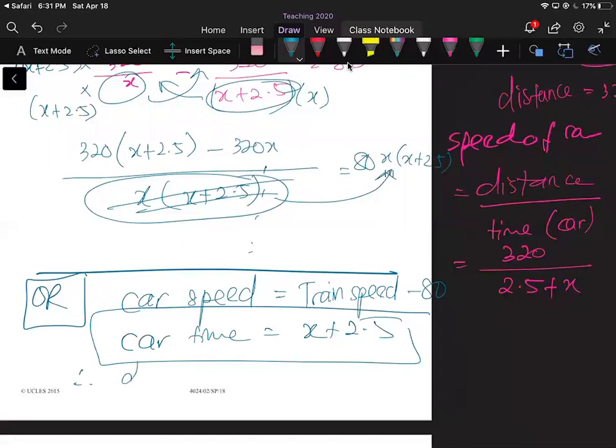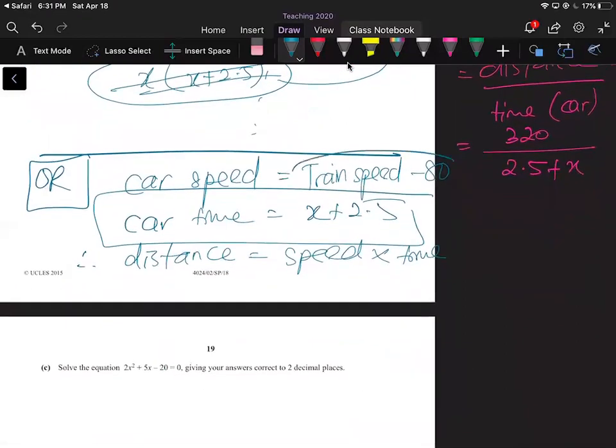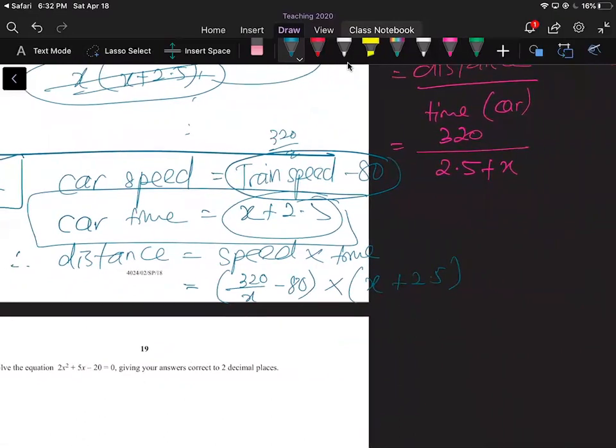So now what do I do? I know distance is equals to speed times time. So speed is equal to train speed. Train speed apa? 320 over x kan, tadi dapat dari the first one. So 320 over x minus 80 dikali dengan time-nya, x plus 2.5. Now what I have is, it's basically expansion.